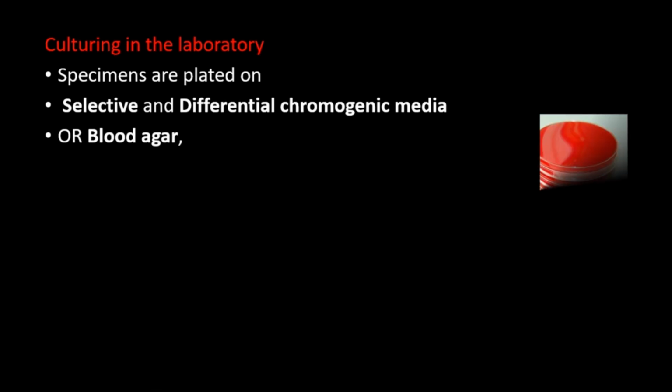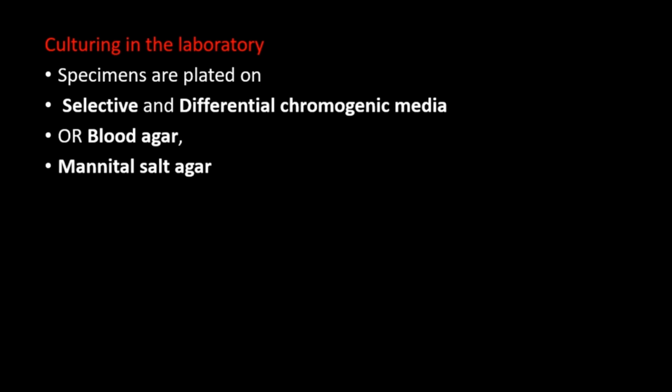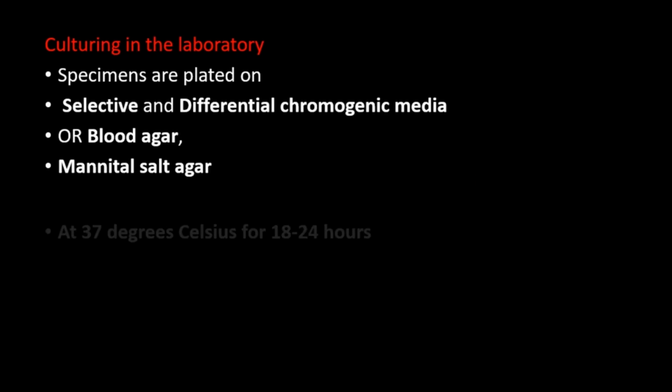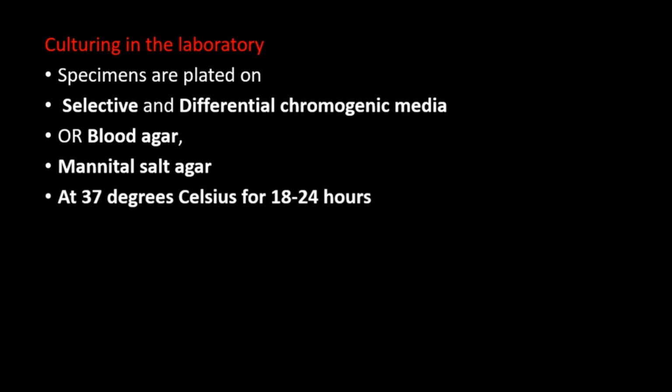Specimens can also be plated onto blood agar, or onto mannitol salt agar. After specimens are plated onto agar plates, they are incubated at 37 degrees Celsius for at least 18 hours. If there is growth on any of the agar plates, it has to be identified before further testing.